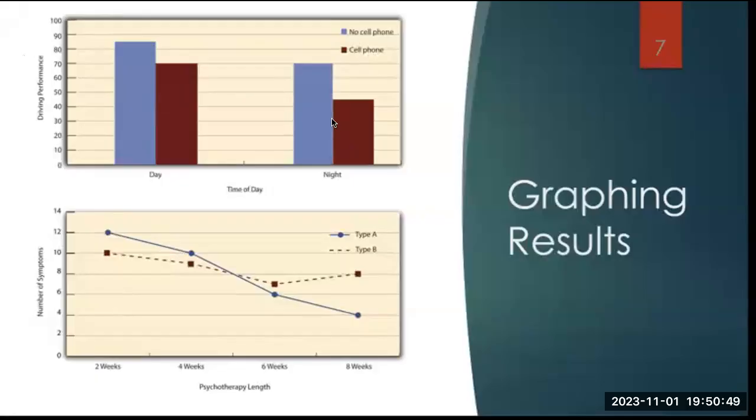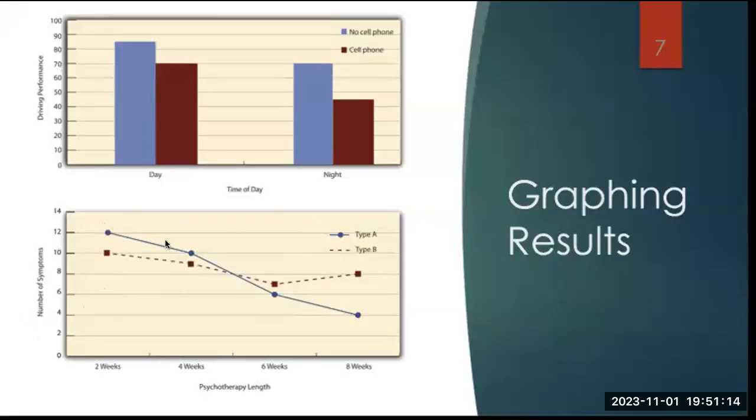Another way we represent the information could be in a line graph. So in the bottom one, it's a different study, and psychotherapy length is the independent variable, and then there's personality type. So type A is the blue line with the dots, and type B is the dotted line with the squares, right? And on the dependent variable, it's the number of symptoms they exhibit.